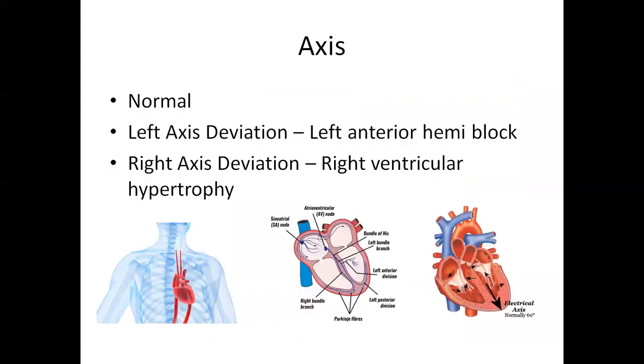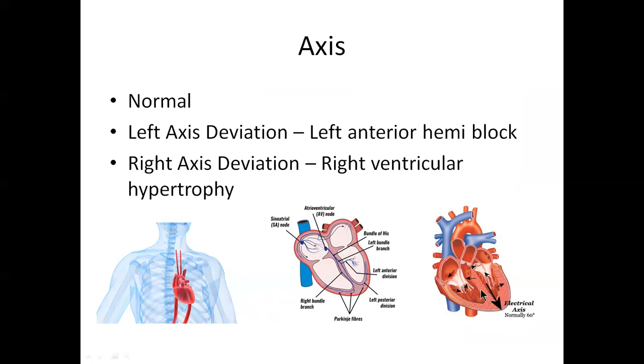I want to teach you one more thing. What causes right axis deviation? There are many causes, but this is an easy one you can remember. The main reason for the electrical axis to be this way is because the bulk of the heart muscle is found in the left ventricle.